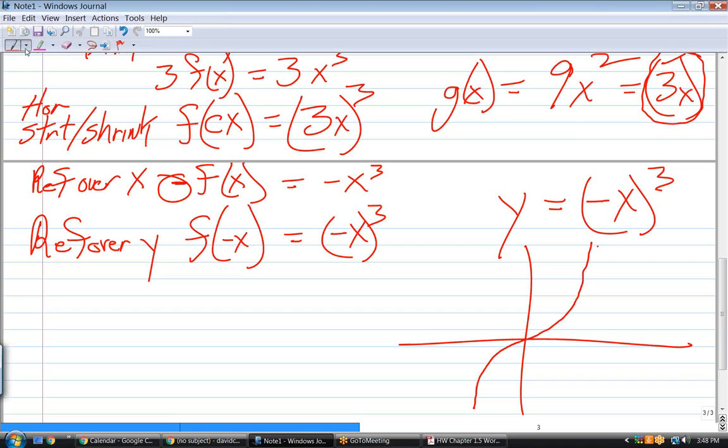Well, if I reflect that about the y-axis, I get that. And that is y equals minus x cubed. And notice that with x cubed, f of minus x is the same as minus f of x. In other words, this could be either a reflection across the y-axis or a reflection over the x-axis. Either one fits.